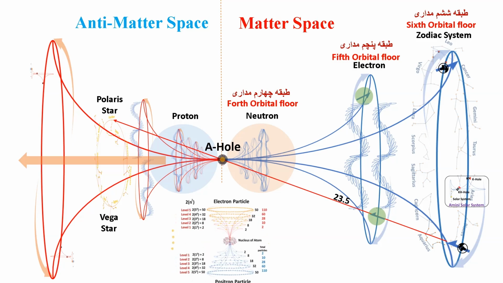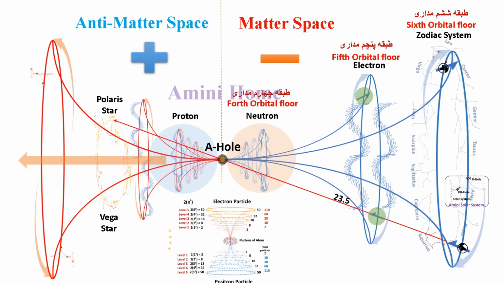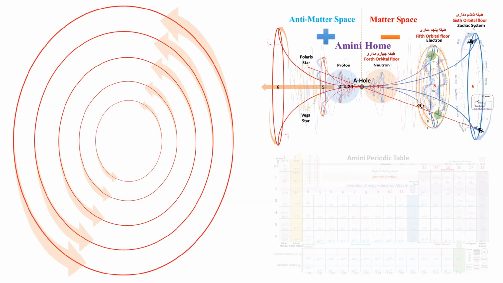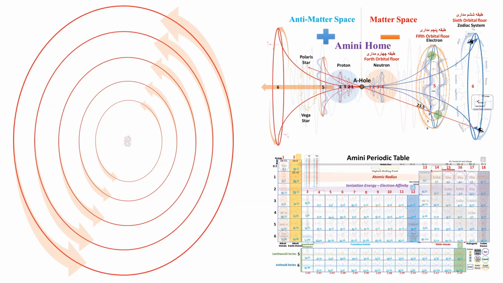Electron and positron orbitals, interconnected layers. Electrons and positrons are located on the 5th floor of the Amini house and can occupy up to 5 orbital layers around the atomic nucleus. The number of orbitals changes dynamically, ranging from 1 to 5, depending on the quantity of rotating electrons and positrons. According to the Amini orbital periodic table, additional electrons and positrons can be added to create a 6th orbital layer.